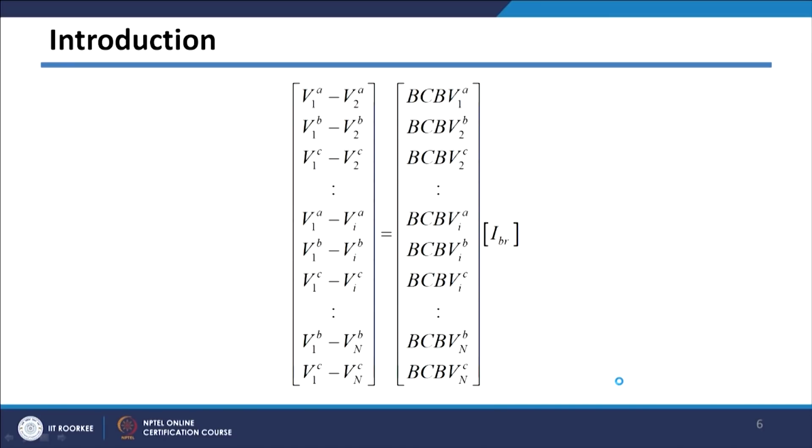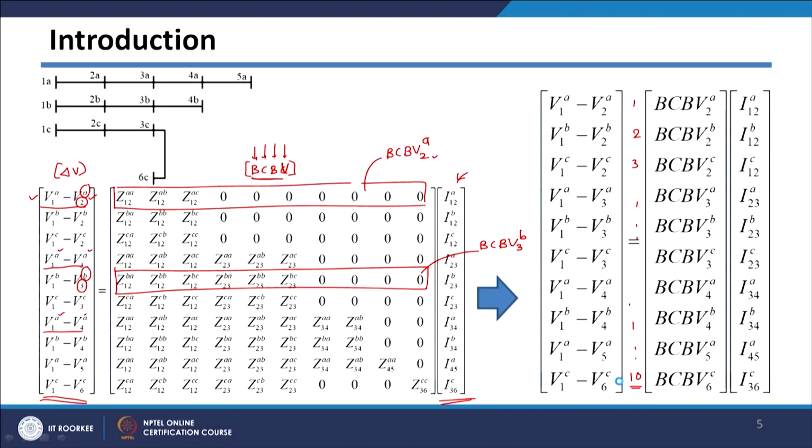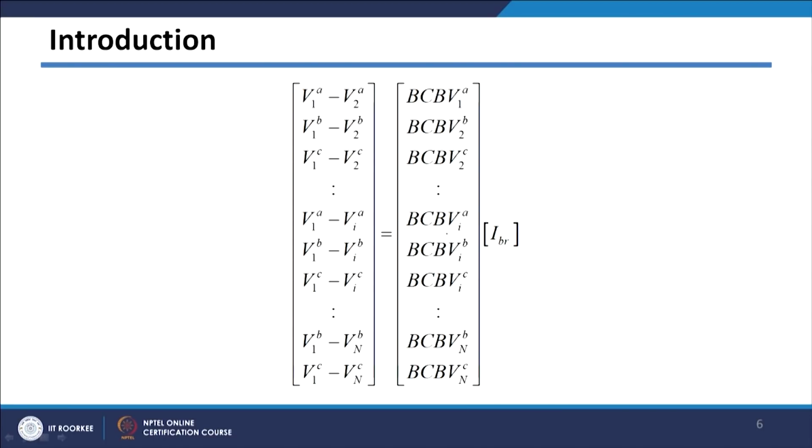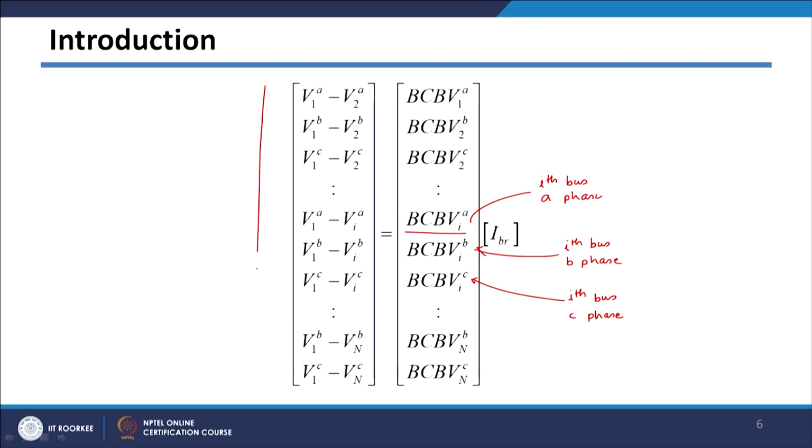So, BCBV in a generalized way will be like this. This corresponds to the ith bus and A phase, this is the row corresponding to again the ith bus and B phase, and this general ith row corresponds to the ith bus and C phase. So, this is the generalized way of writing your BCBV matrix in terms of rows.